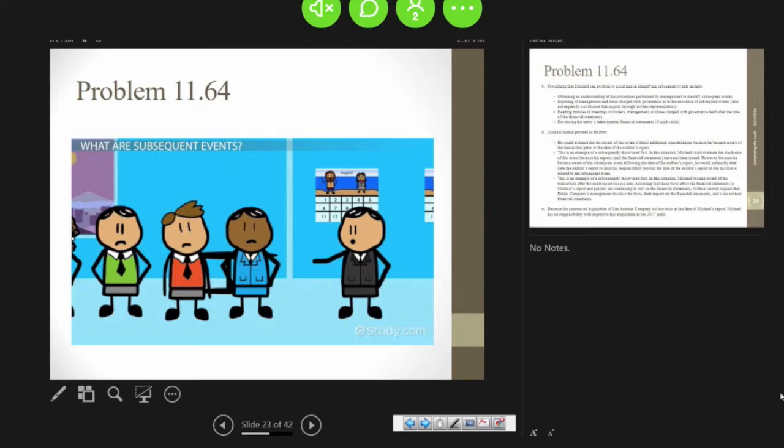Is it a condition that existed as of the balance sheet date? If it did, then that requires adjustment. If it didn't, that's a type 2, and disclosure is advisable. And then looking at subsequently discovered facts is looking at the timeline between the auditor's report date and the date that the report is released, looking at those two dates.